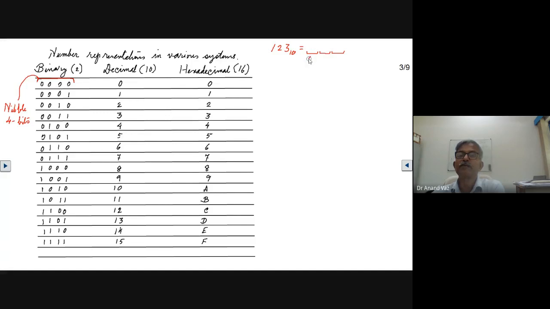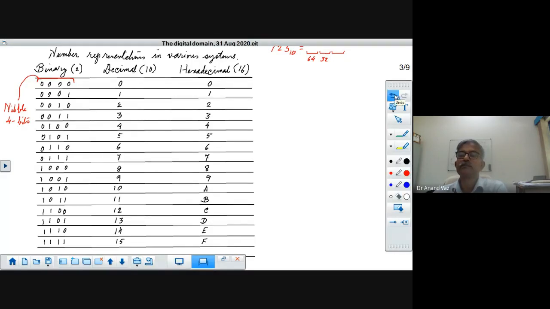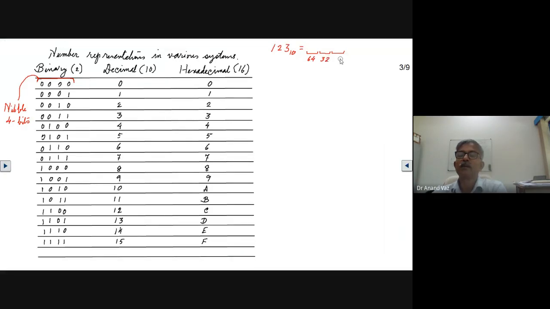Let's say we take a box of 64 weightage, 2 raised to 6, then 32, 2 raised to 5, 16, 8, 4, 2, and 1.